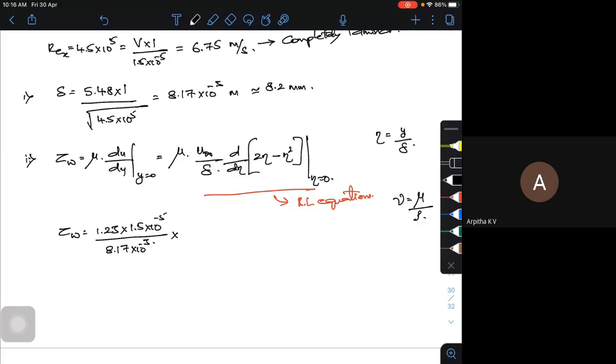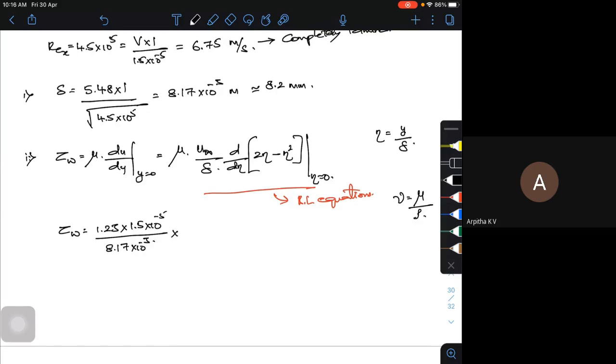If I try to differentiate the right hand side, it will be 2 eta square by 2 minus eta cube by 3. So eta is equal to 0 here. The whole thing I have to substitute eta equal to 0, at the wall where y is equal to 0, when eta is equal to 0 means y is equal to 0.